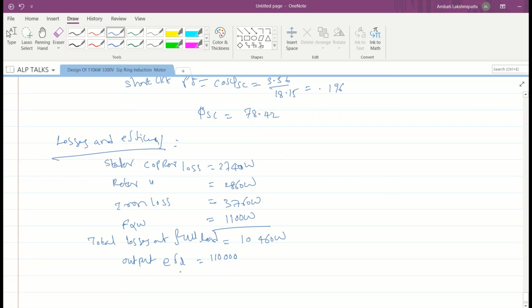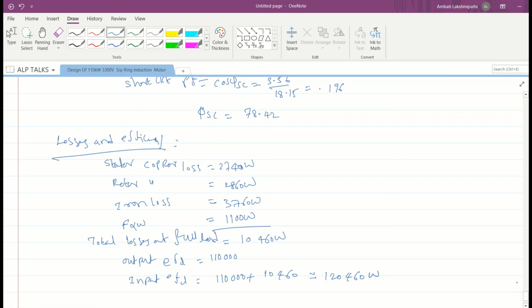So input at full load is 110 kilowatt plus we should add this extra 10460. So that comes to 120,460 watts.